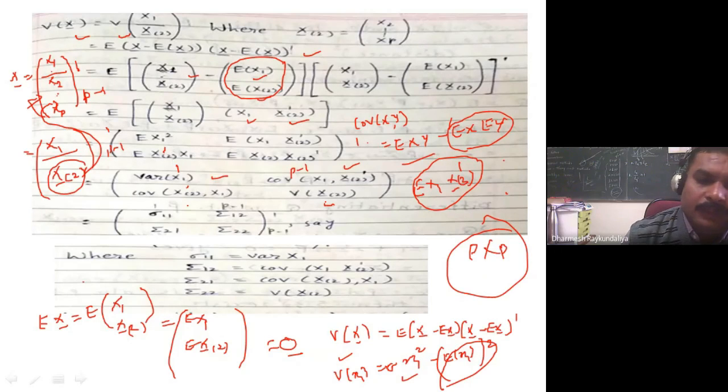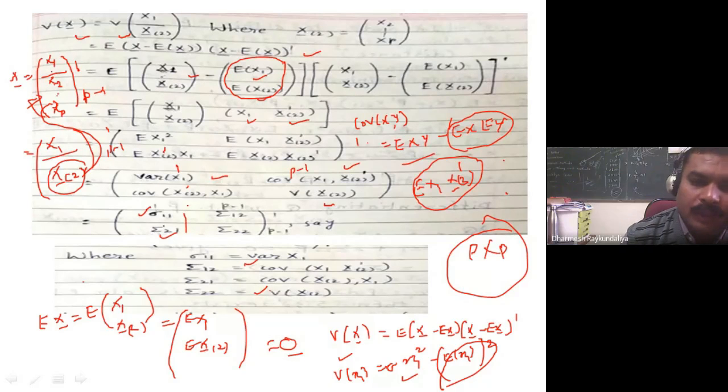So what if I denote the variance of x1 as sigma 1 1, the covariance between x2 transpose and x1 as sigma 2 1, the covariance between x1 and x2 transpose as sigma 1 2, and the covariance of x2 x2 transpose, or you can say the variance of x2, as sigma 2 2.